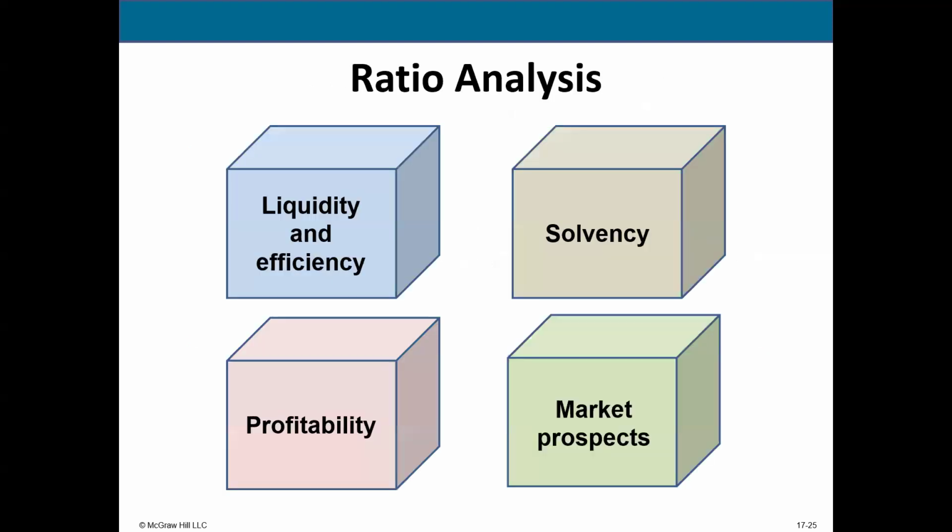And just like I explained to you before, we break these ratios out based off of the building blocks: liquidity and efficiency, solvency, profitability, and the market prospects. And there are several ratios for each one. I'm really only going to touch on the important ones that every manager really should know.